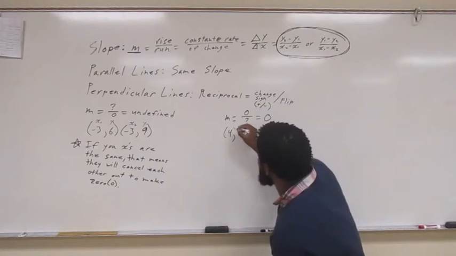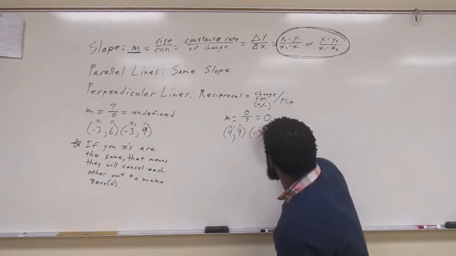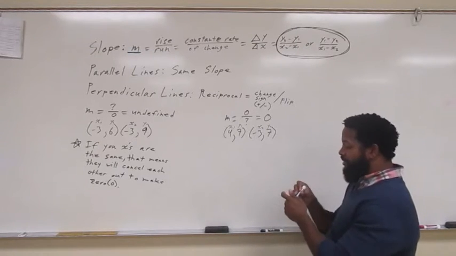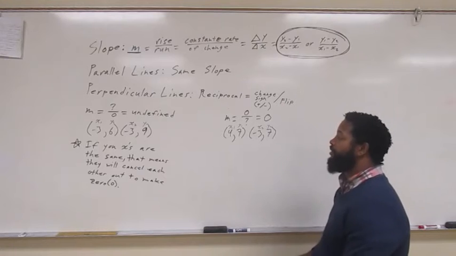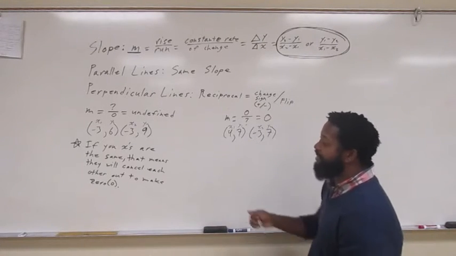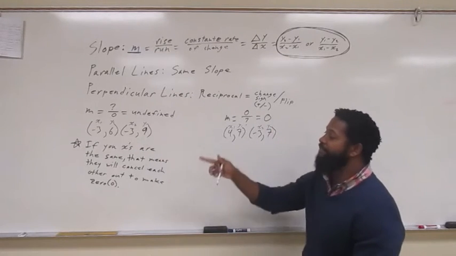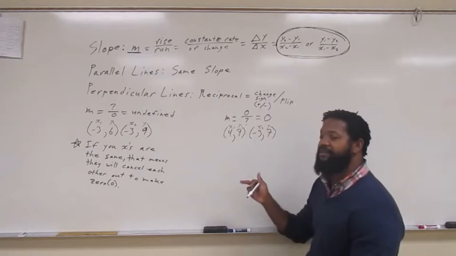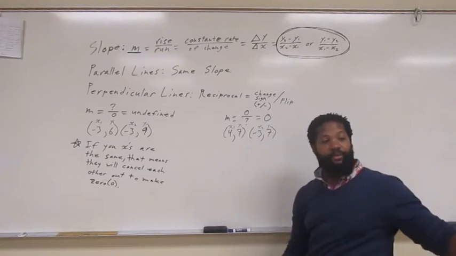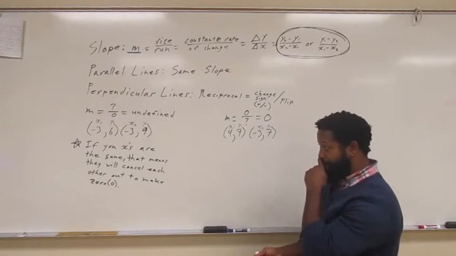Your y's, whether you label this x1, y1, x2, y2, okay? Your y's are going to cancel each other out, which means if your y's are the same, they will cancel each other out to make 0, okay? 0 divided by anything is equal to what? 0. There you go, all right?